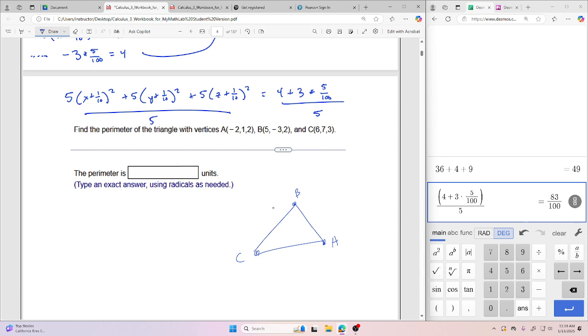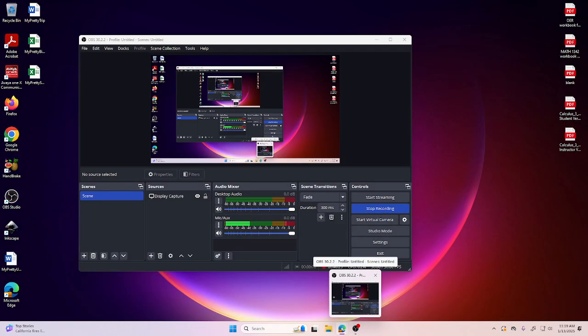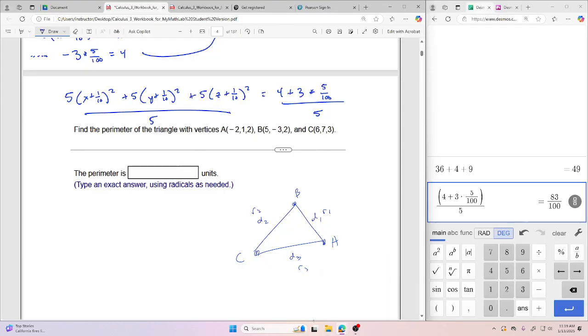Find 3 distances, right? So we got distance 1, distance 2, distance 3. Dare I say R1, R2, R3, right? Same thing. And so I use that same formula 3 times. Though tedious, it's very possible.